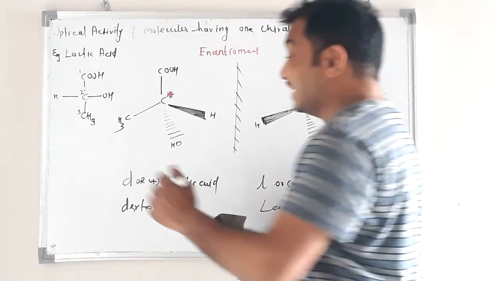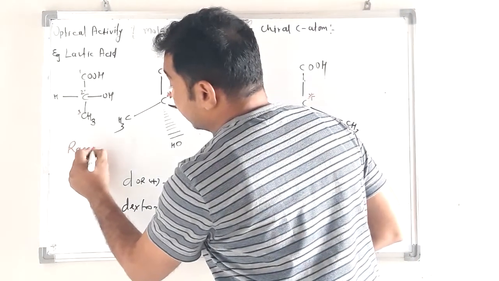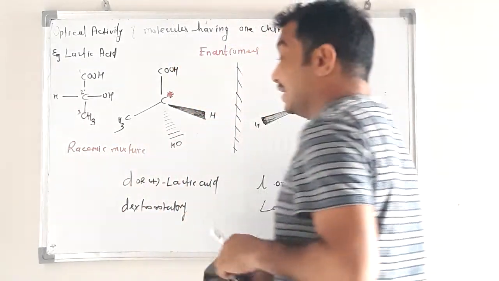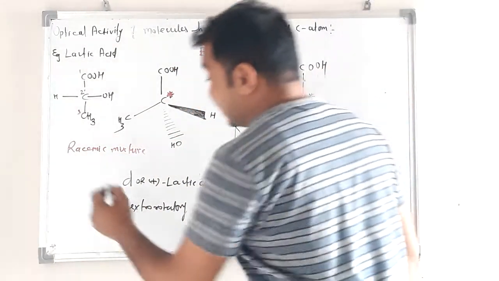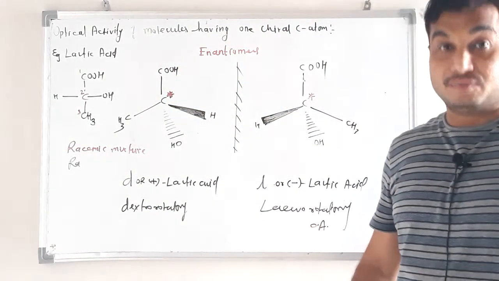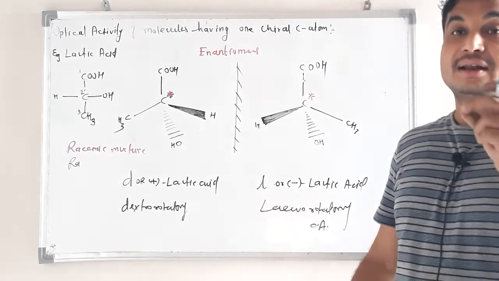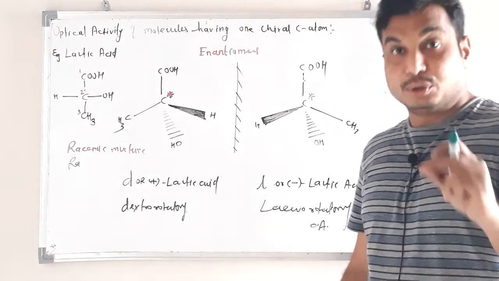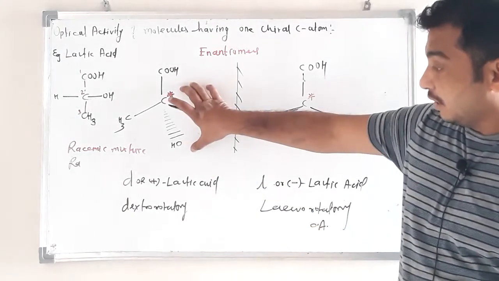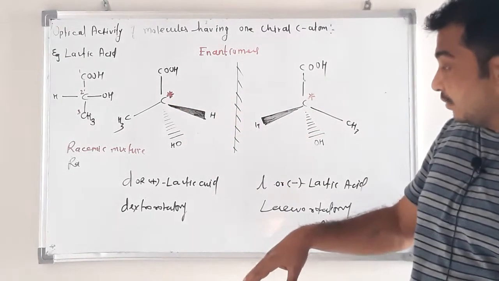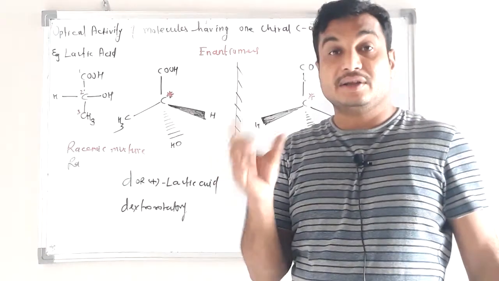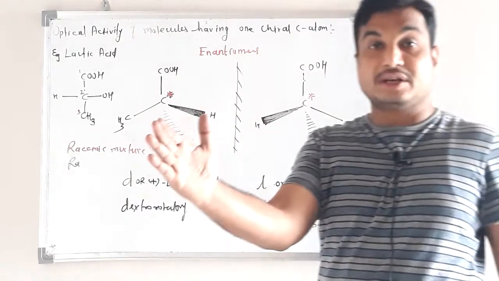That mixture is named a racemic mixture. What is a racemic mixture? A racemic mixture is prepared by mixing equal quantities of D and L stereoisomers. For example, if we take 10 ml D lactic acid and add 10 ml L lactic acid, then that mixture will contain 50% D form and 50% L form.